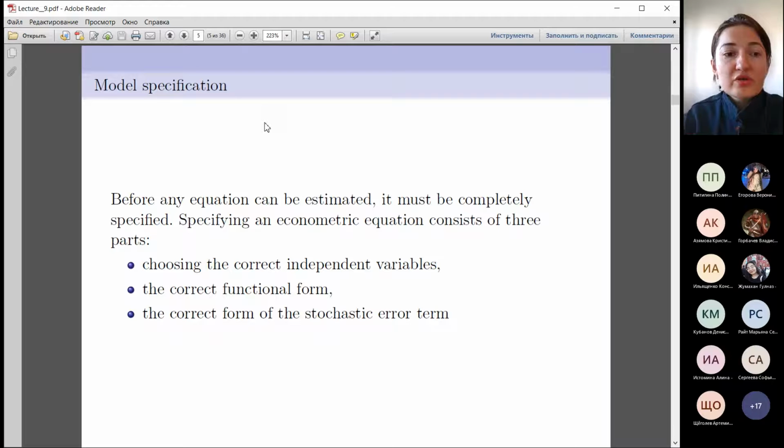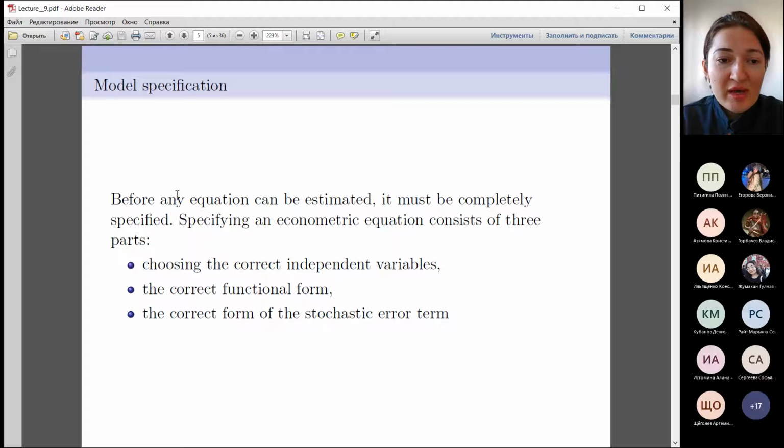Okay, so you should remember that before any equation can be estimated, it must be completely specified. This is the first step. I hope that in your team projects, you have already found the proper specification of your models and you start to find the answer to your research question through the regression analysis.